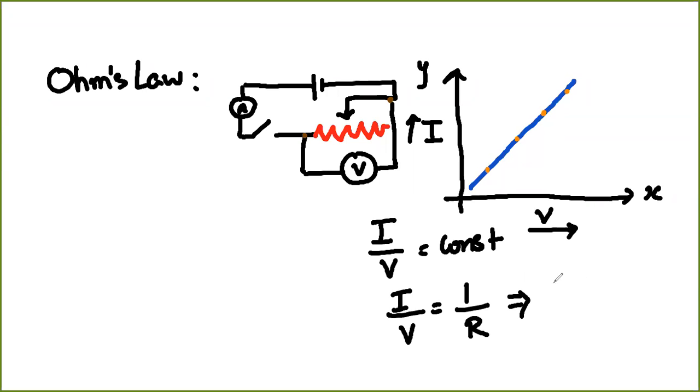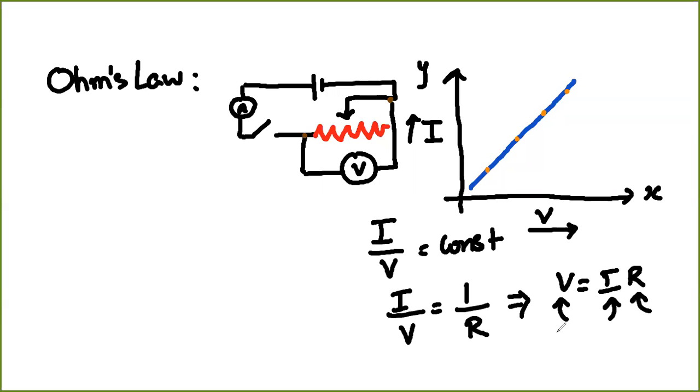That is, to rearrange the equation, you get V equals I times R. The voltage is the measured potential difference across a circuit, I is the current in the circuit, and R is the resistance.